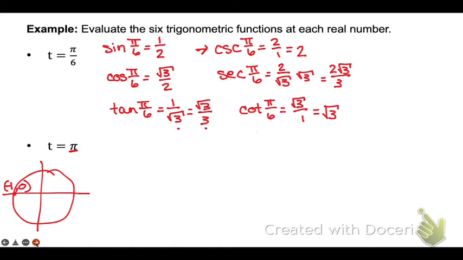Now, the radius for the rest of them was 2, right? So when I took 2 and divided by 2, I get 1. Since this is a unit circle, it's a circle of ratios. So all I'm going to use is my x and my y, because we've already done the division of the radius.